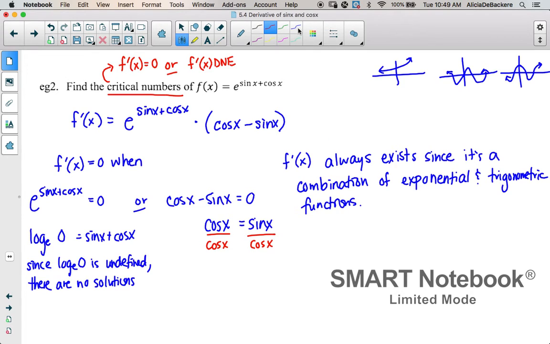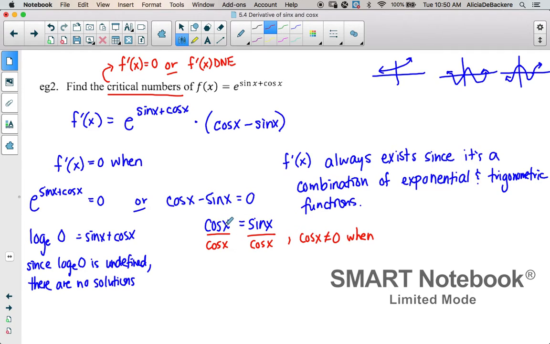I can't always divide by cos x because then I might be dividing by 0 sometimes. Remember that my cosine graph up here, sometimes it does have a height of 0, and I can't always divide by 0. So my justification for why I can is because cos x does not equal 0 when the original statement is true.